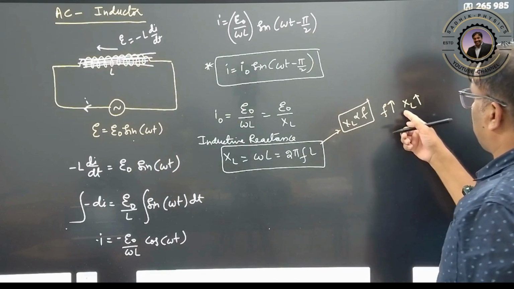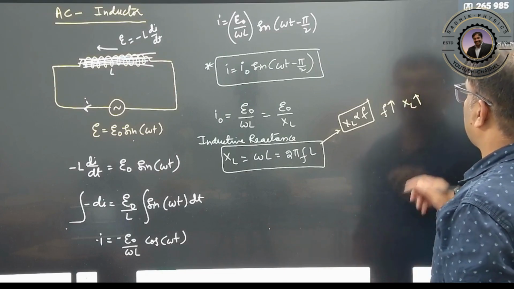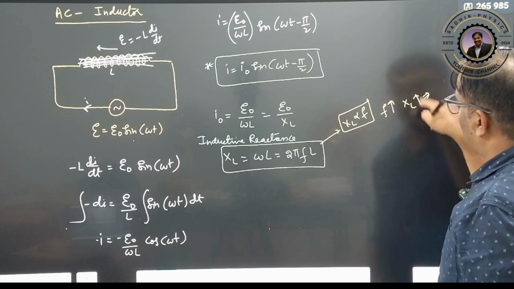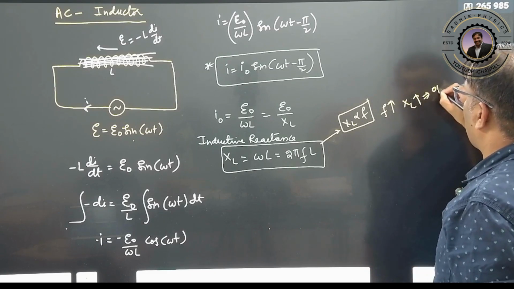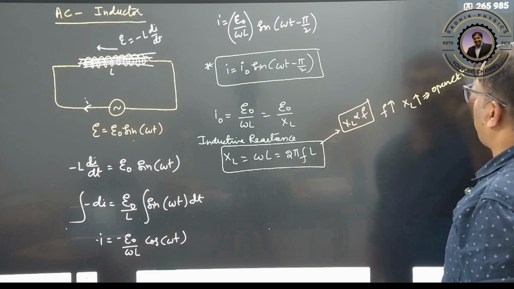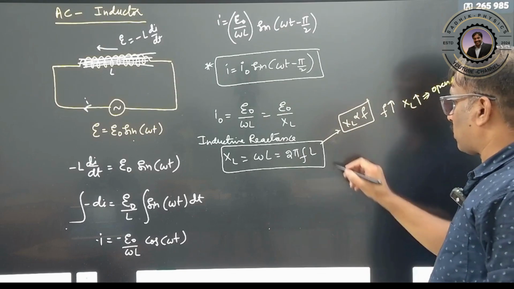Clear? So here reactance is larger means current will not flow through this. When reactance is larger, like a larger resistance, it will act like an open circuit. Very very important: at higher frequency the inductor will act like an open circuit.